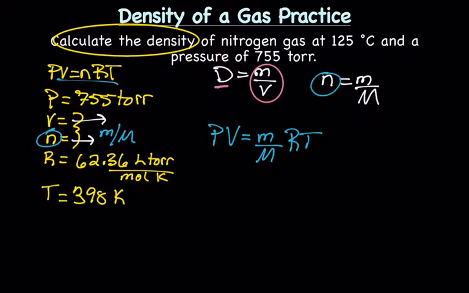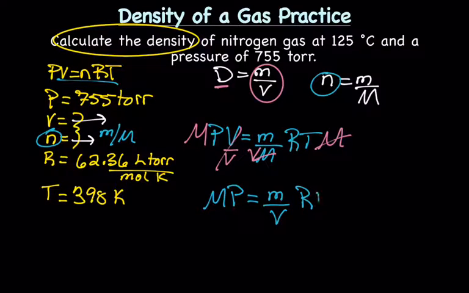Okay, so to go about doing that, let me first multiply both sides by molar mass, which gets rid of the molar mass on the bottom, and let's divide both sides by volume. And then let's rewrite that so we can actually see it. We now have molar mass times pressure equals mass over volume, RT. And mass over volume is density. We're getting closer.